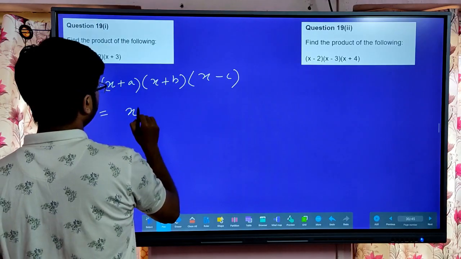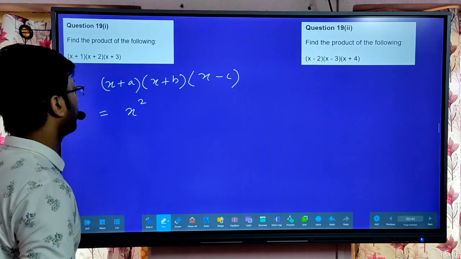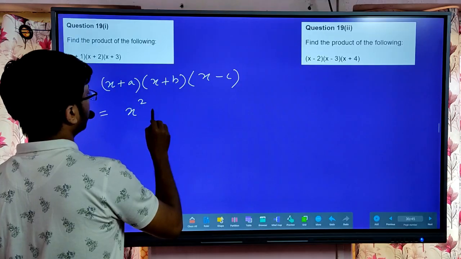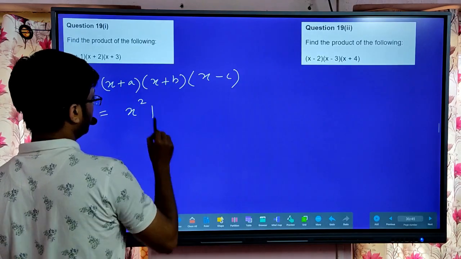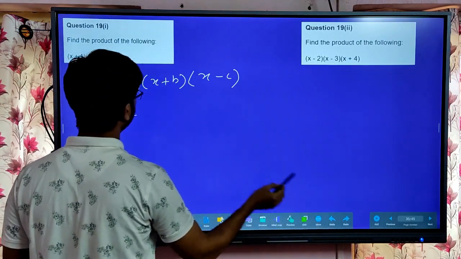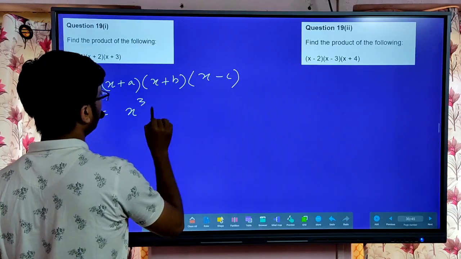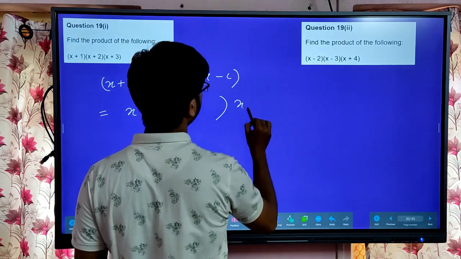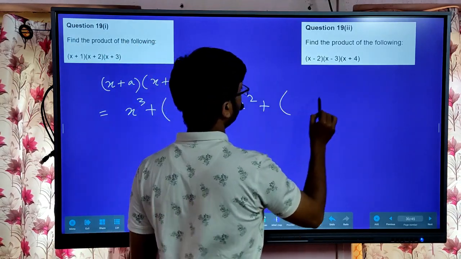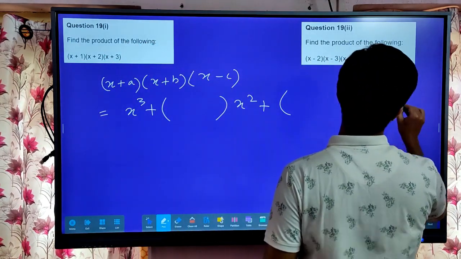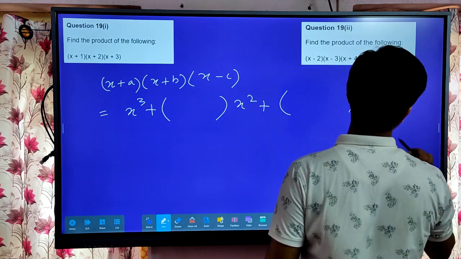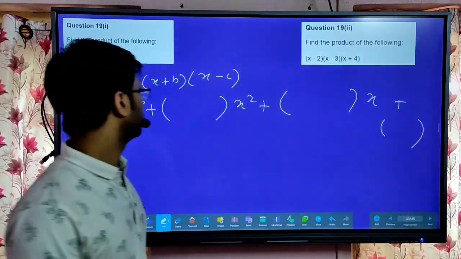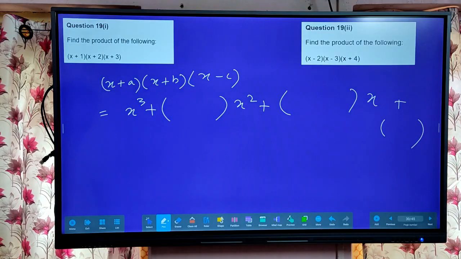Then the first term will be x cube, since 3 terms are getting multiplied. Then I will leave one space and write x square, again leave some space and write x, then again I will leave, there will be no x. So the power of x will keep on decreasing.